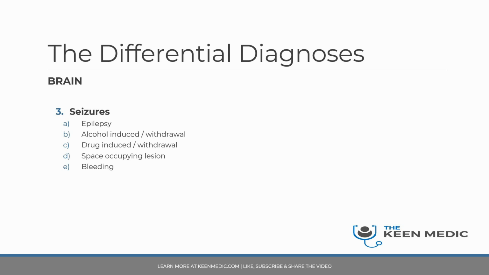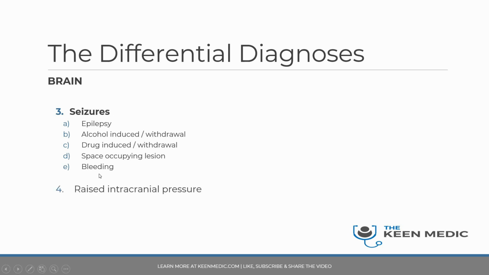Speaking of bleeding, the last thing, of course, is bleeding. So bleeding can present as seizures. So intracerebral hemorrhage can cause seizures. So if a person comes in with stroke-like symptoms and presents with seizures, you need to be thinking about whether this could be seizure due to epilepsy or a first seizure, or maybe it could be a bleeding. Okay. All right, so these are seizures.